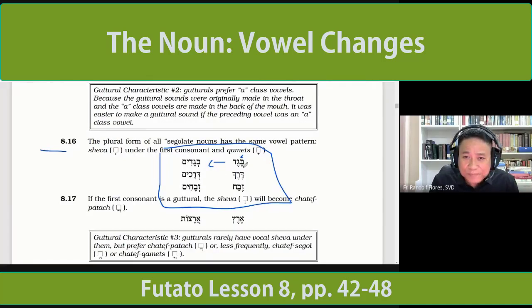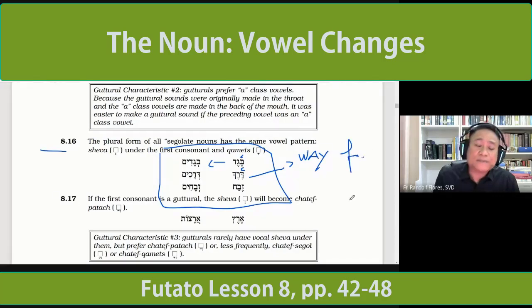Derekh. What is derekh? An important word in Hebrew and even in the Gospel of Mark, for example: way, road, which is feminine in form, in feminine gender.